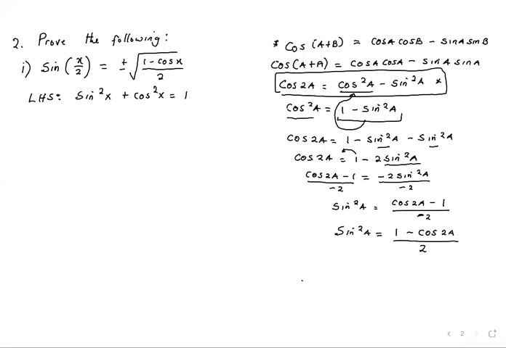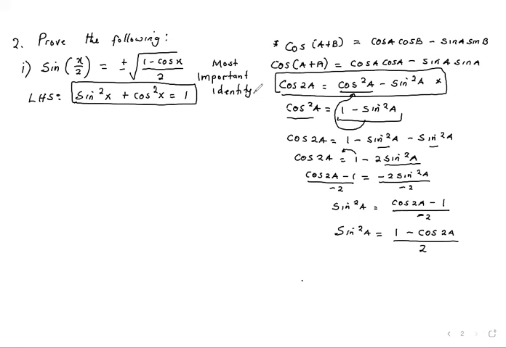Okay, so let me start from this identity here. Are you familiar with this identity? Remember, we wrote this as the most important identity: sine squared x plus cosine squared x is equal to 1.